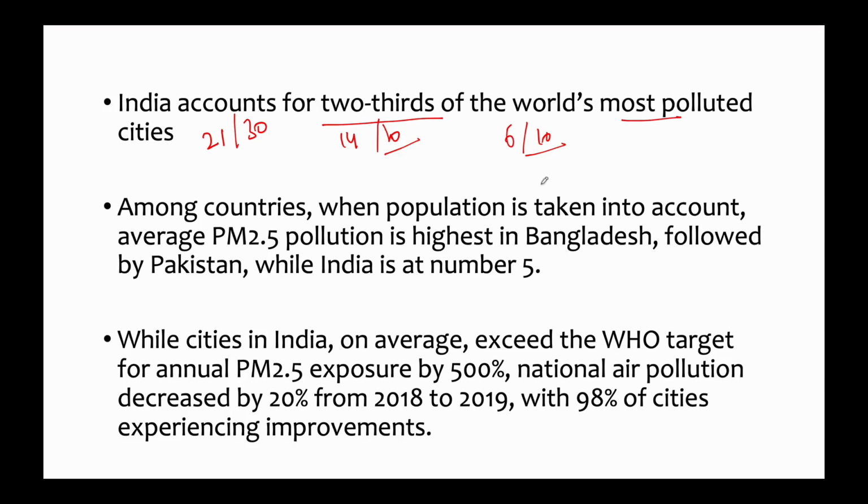Among countries, when population is taken into account, average particulate matter 2.5 pollution is highest in Bangladesh. I have shown you the chart, followed by Pakistan, and India stands at number 5.